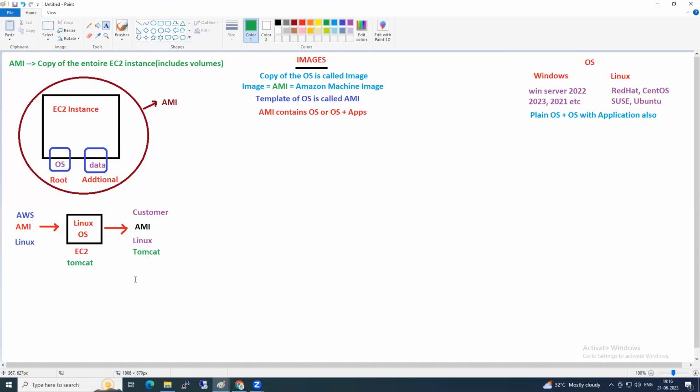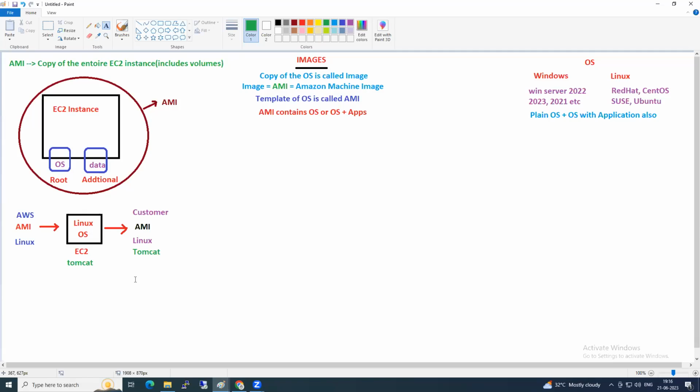So AWS has predefined AMIs. From this AMI, can I go and launch an EC2 instance? Can I go and install Tomcat inside this EC2 instance? From this EC2 instance, can I create an image again? This is created by whom? This AMI contains Tomcat because this parent EC2 instance has Tomcat. I created an AMI out of it, and this also contains Tomcat.